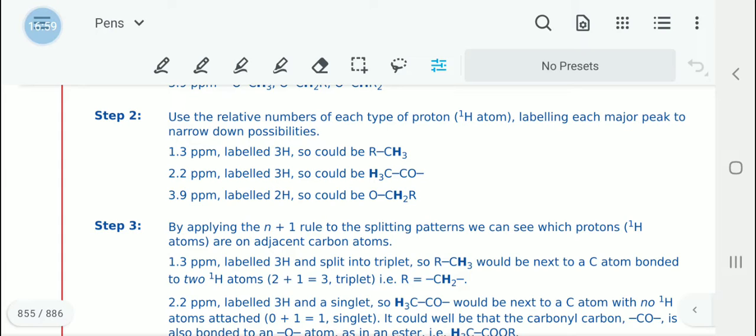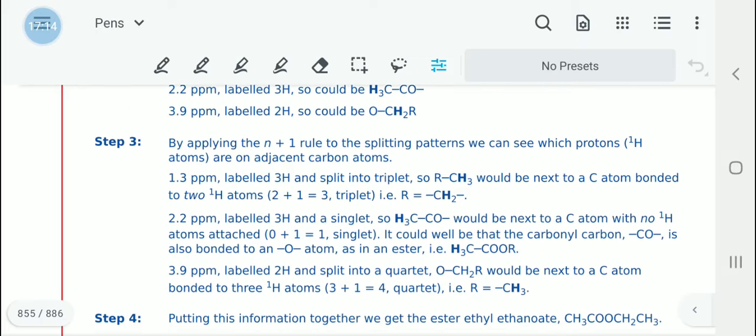Now 1.3 ppm labeled 3H would be a triplet because it is next to a carbon atom bonded to two hydrogen atoms. That is the reason why it has split into 3. 2.2 ppm is labeled 3H and a singlet.